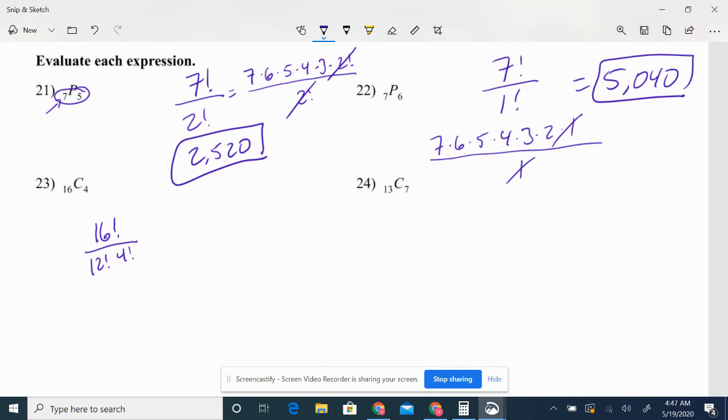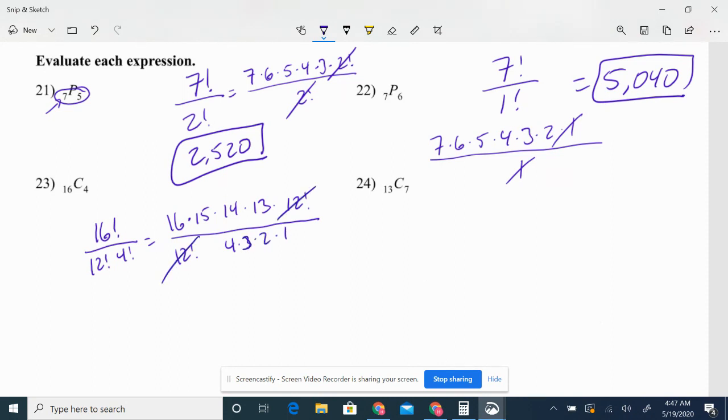All right, so let's take a look. My 16 factorial is going to be 16 times 15 times 14 times 13 times 12 factorial. I'm going to stop at 12 because I have a 12 factorial at the bottom, so they're going to cancel out. My 4 factorial at the bottom is 4 times 3 times 2 times 1.